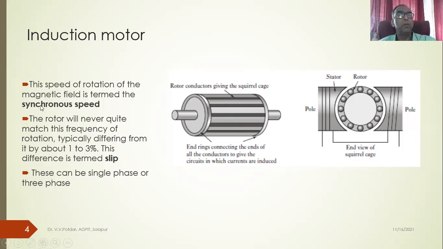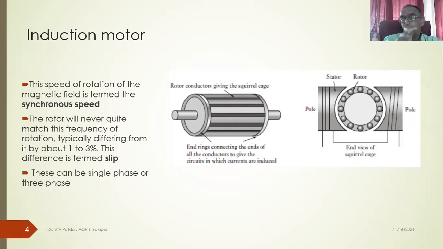The speed of rotation of the magnetic field is termed the synchronous speed. The rotor will never quite match this frequency of rotation, typically differing from it by about 1 to 3%, right? Suppose the speed of the rotating magnetic field is 3000 RPM, the magnetic field speed set up by the stator.